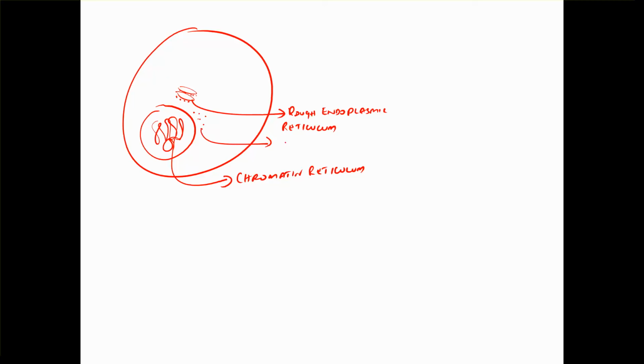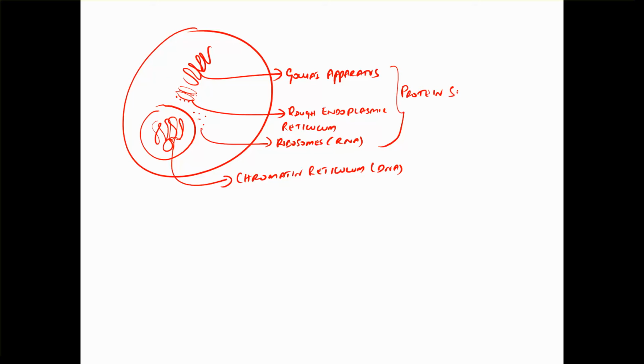The ribosomes contain RNA. And we have the Golgi apparatus, and these three are involved in protein synthesis.